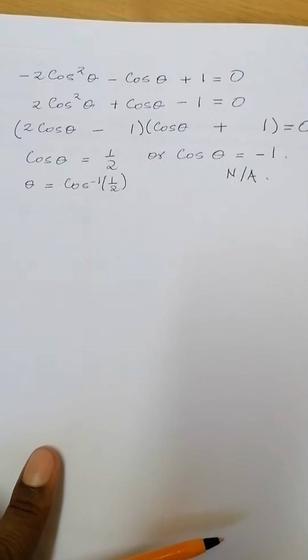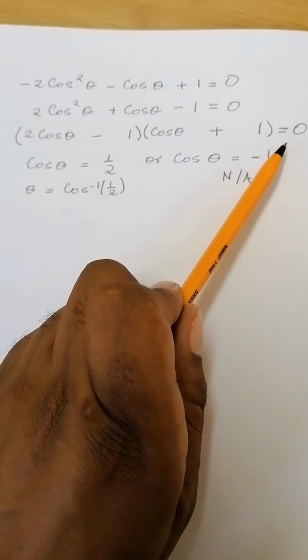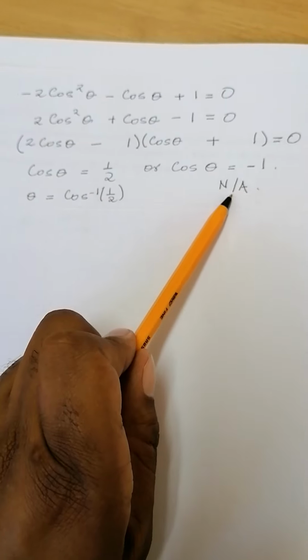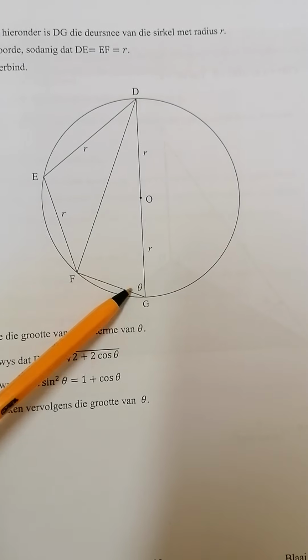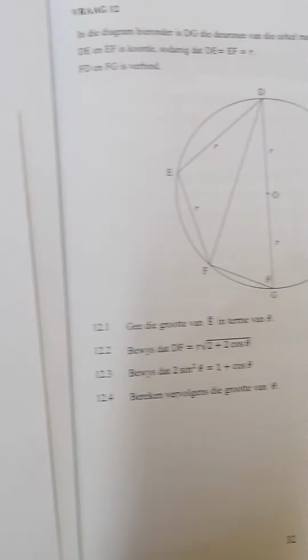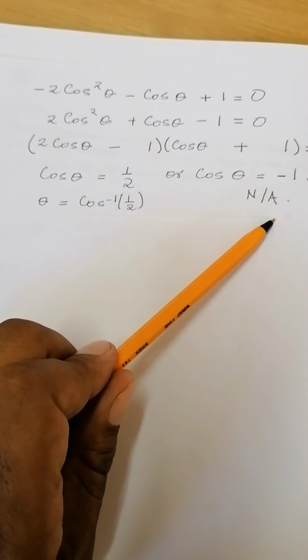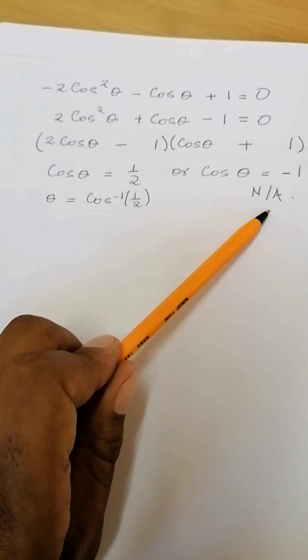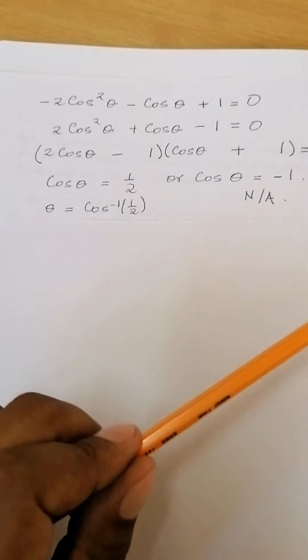That is why I say here, this solution is not gonna be applicable in this situation because the angle is less than 90 degrees. I want you to understand the fact that they're not applicable is because of the size of the angle that I'm looking for.